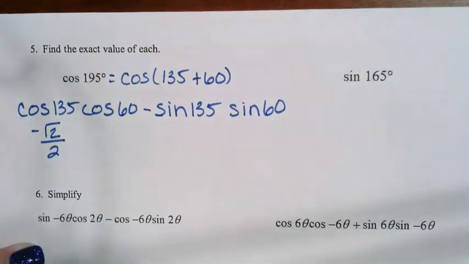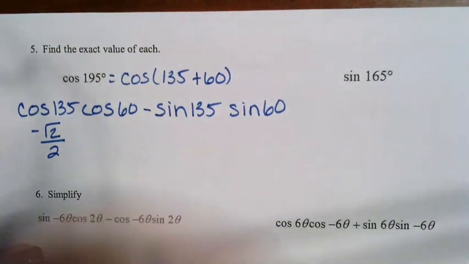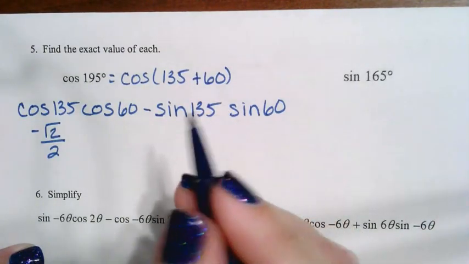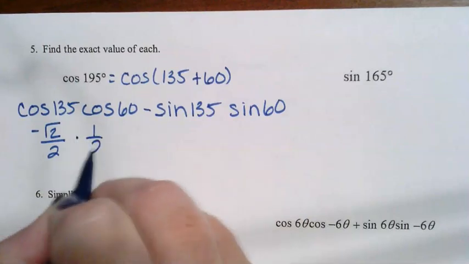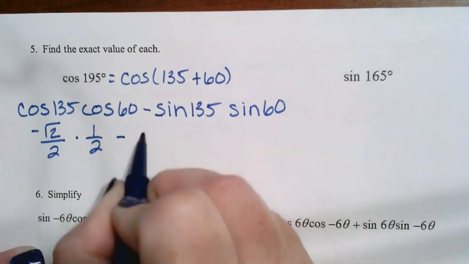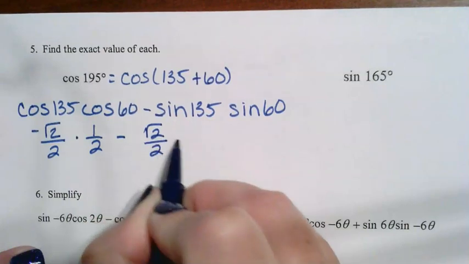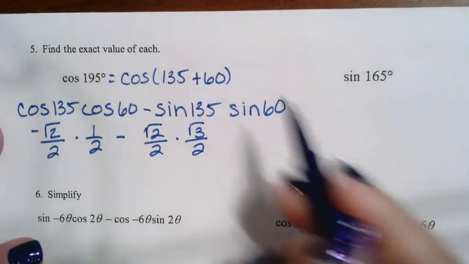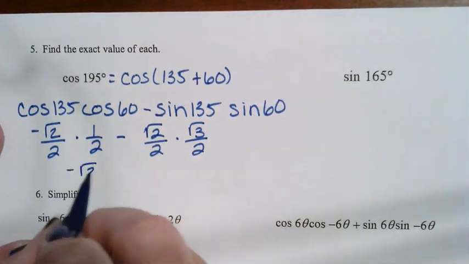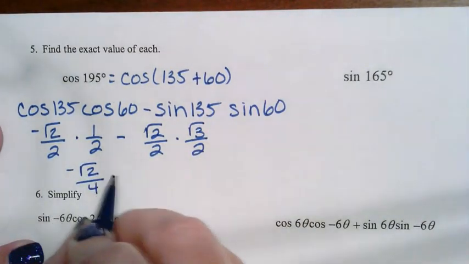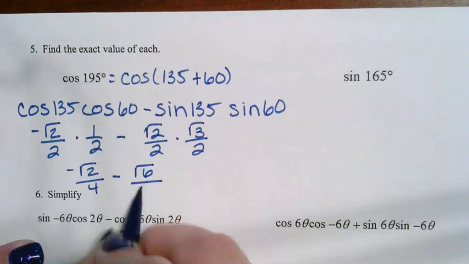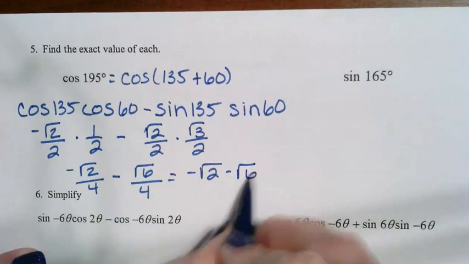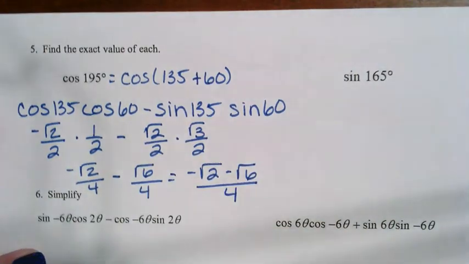Cosine of 60 is 1/2. Sine of 135 is square root 2 over 2, and sine of 60 is square root 3 over 2. So we get negative square root 2 over 4 minus square root 6 over 4. So the best we can do here is this.